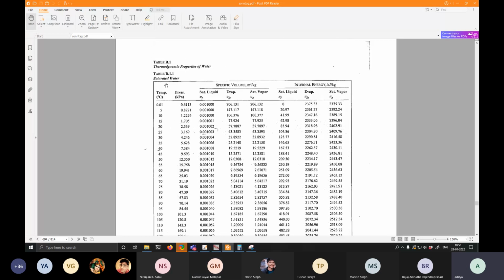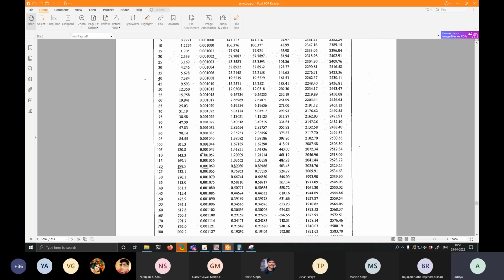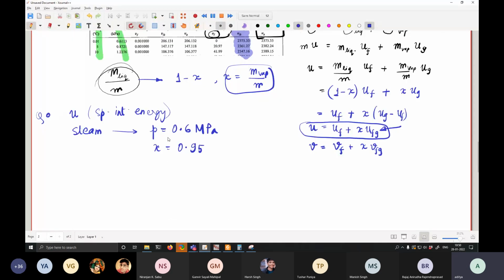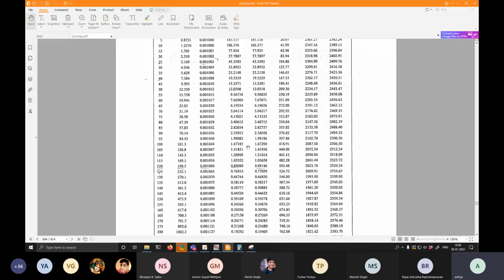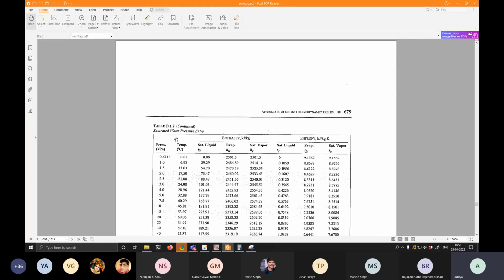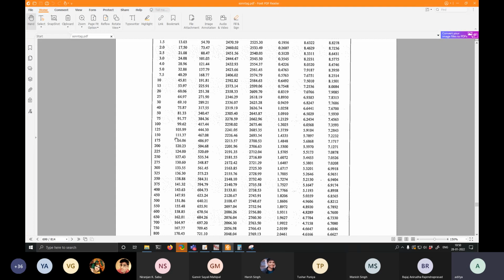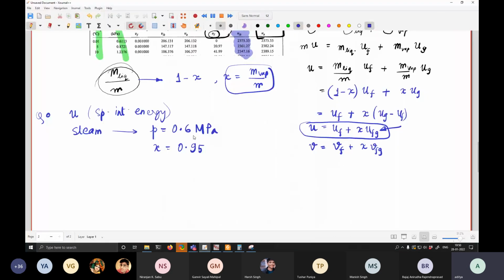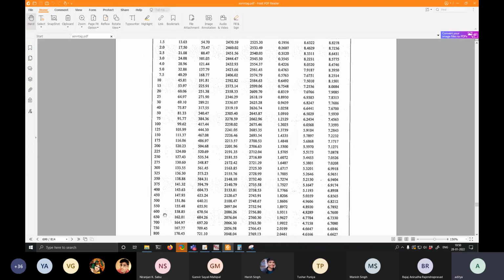So this is the saturated water property and this is the temperature entry. But because we have been given the pressure, we will go to the pressure entries. So let's go there. So we are now at the pressure entry. So what is the pressure? 0.6 megapascal, that is 600 kilopascal.